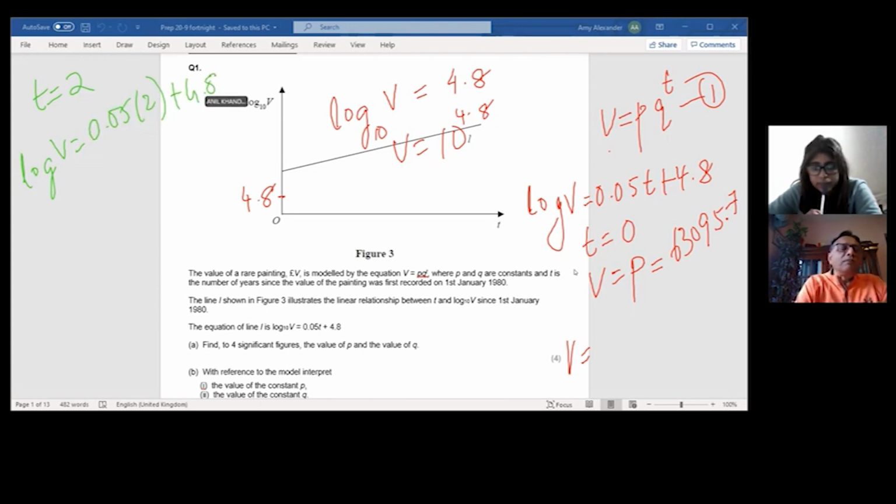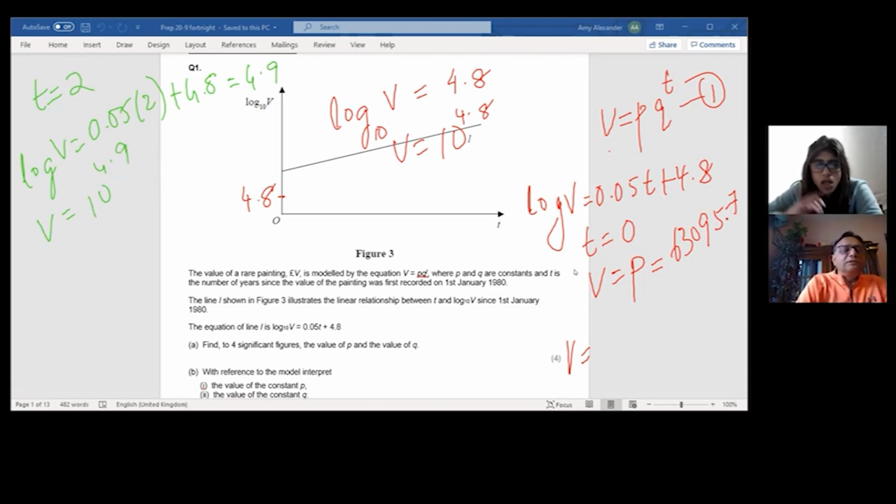From here you get V equals 10 to the power of 4.9 as the value of V for T equals 2.